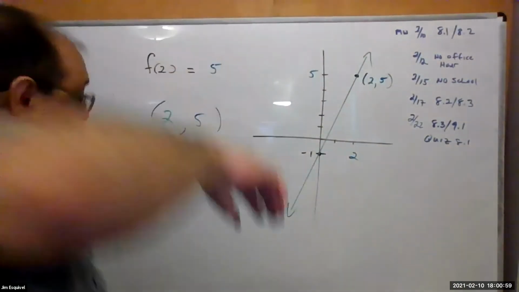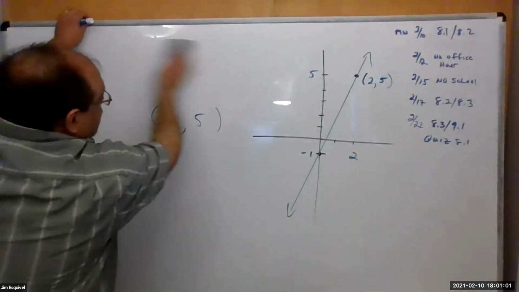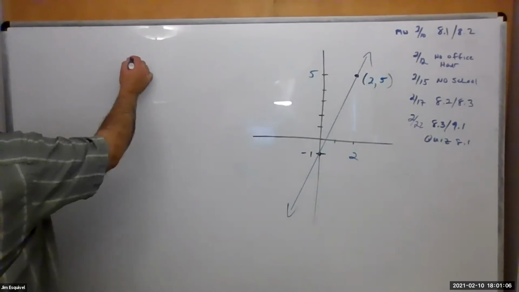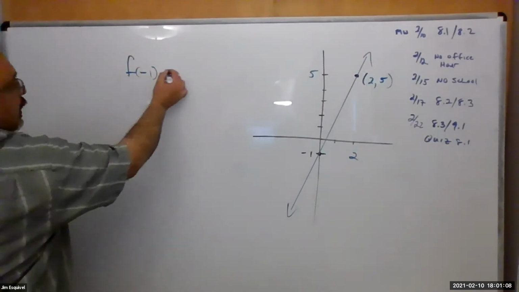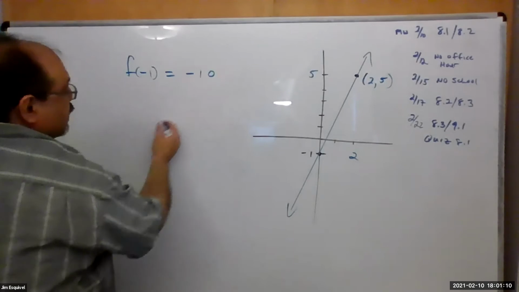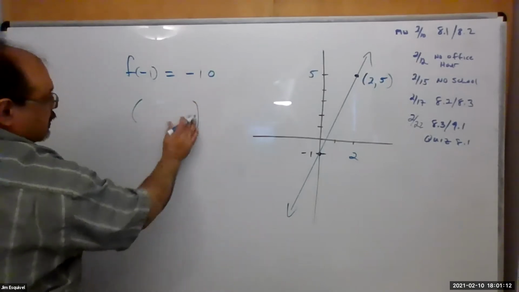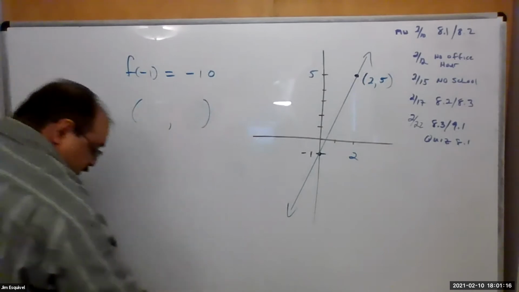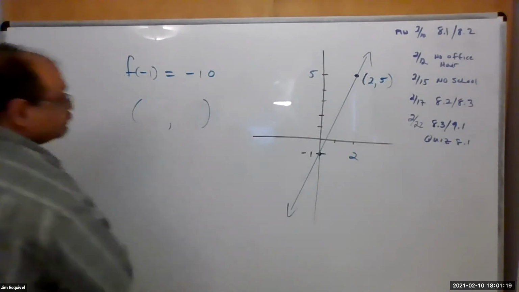So here's what they're saying. They're telling you f of -1 equals -10. All they want you to do is to write that as an ordered pair.